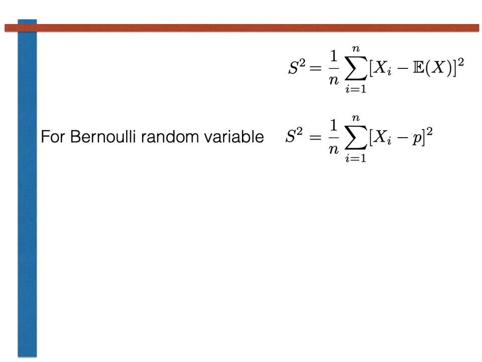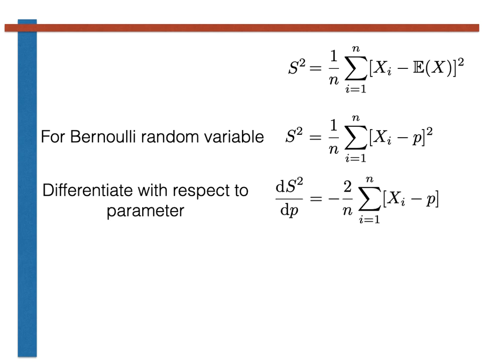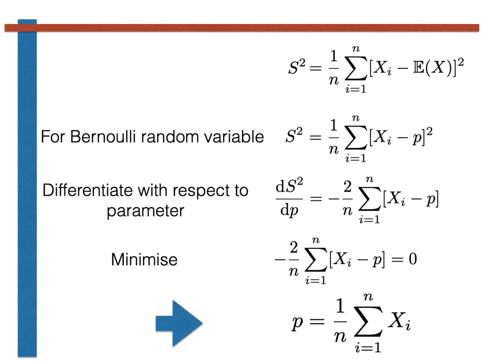We thus differentiate the expression with respect to p to give the following. Then, as we are at a minimum, we set the derivative equal to 0. With a little rearranging, we thus arrive at the following least squares estimator for the parameter of the Bernoulli random variable, which is just the sample mean again.